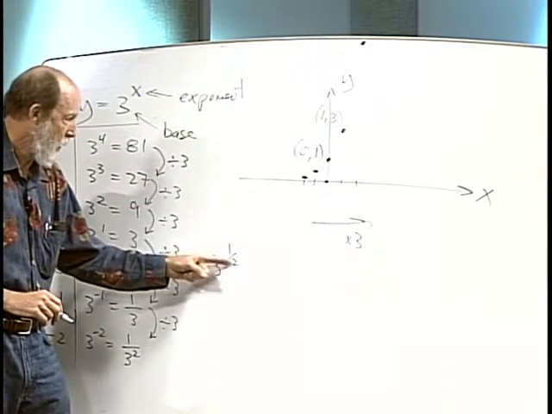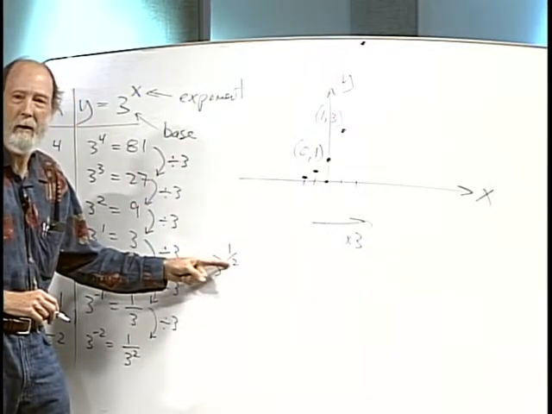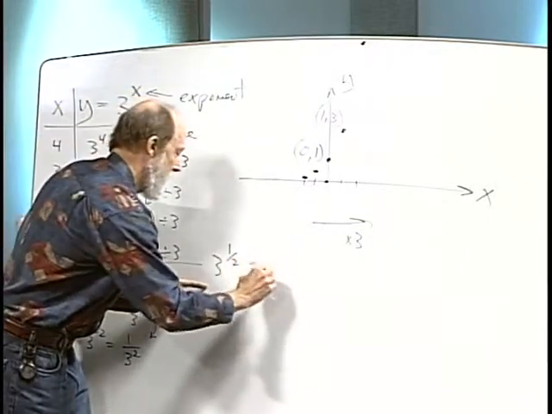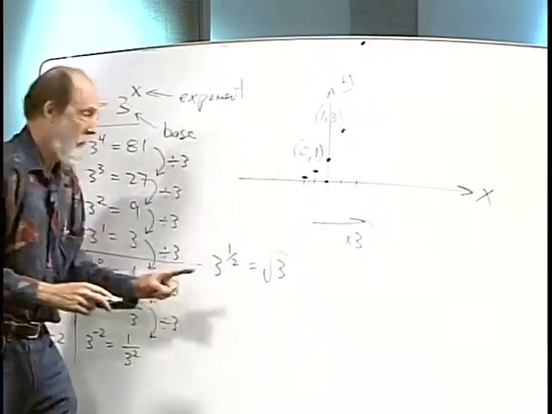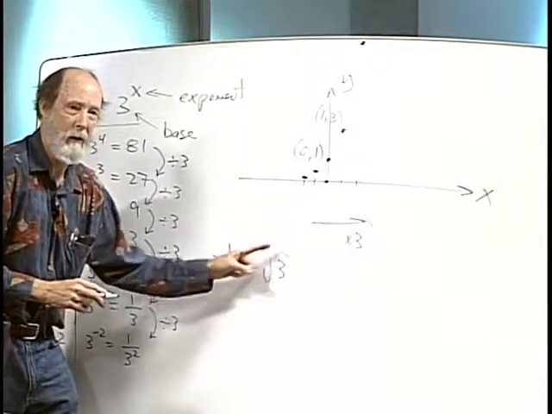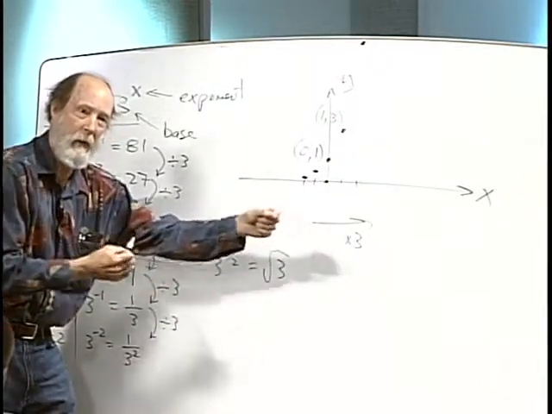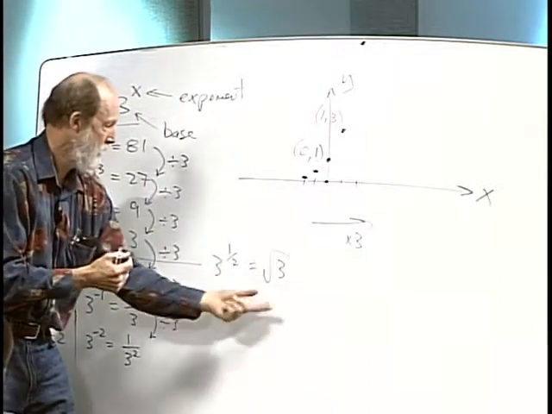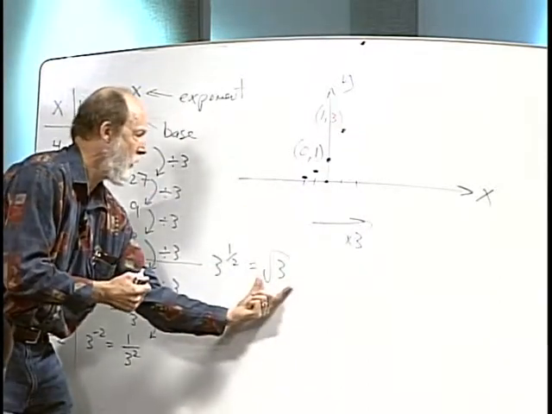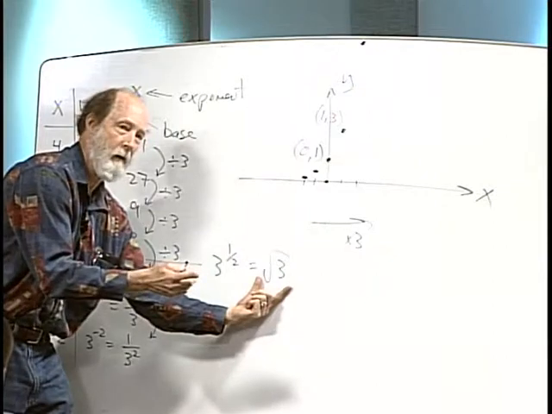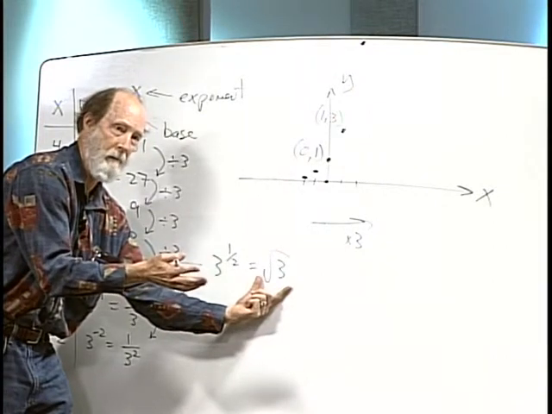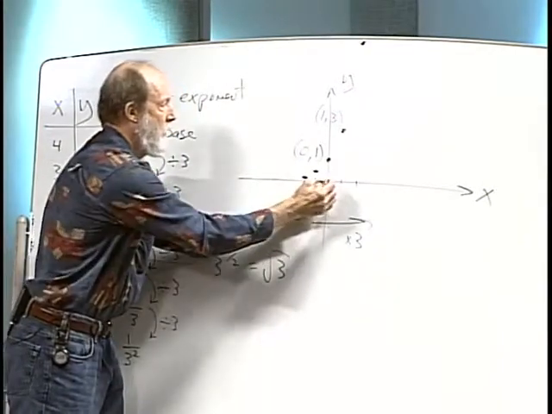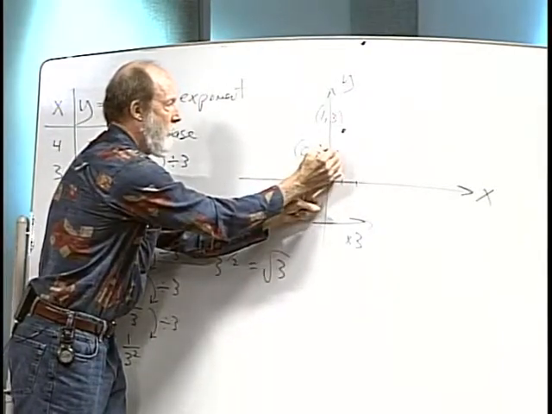What does the 1/2 power mean? It means square root, right? It means square root of 3. That's an irrational number. It's a decimal that never terminates and never repeats itself. Okay, so what we get if we punch that on our calculator is 1 point something. And if you go in here at 1/2 on your graph, you're going to get 1 point something in here.